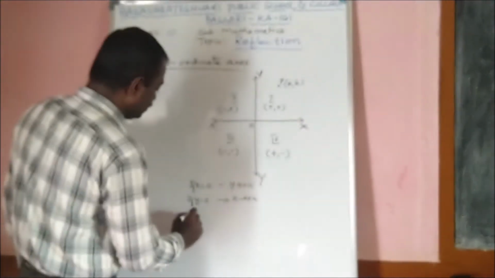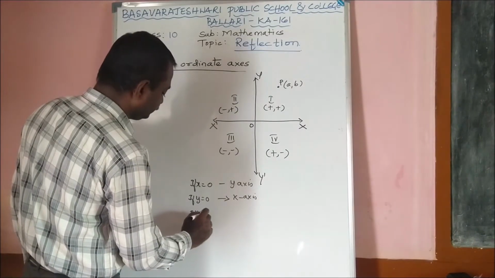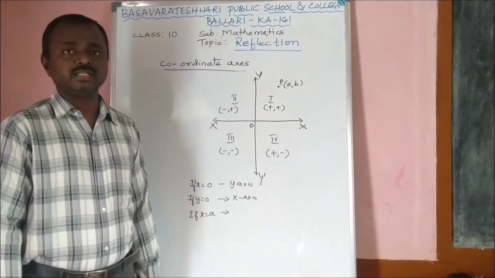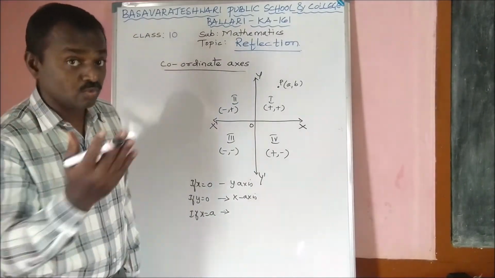If x is equal to a, then it is a line parallel to y axis.